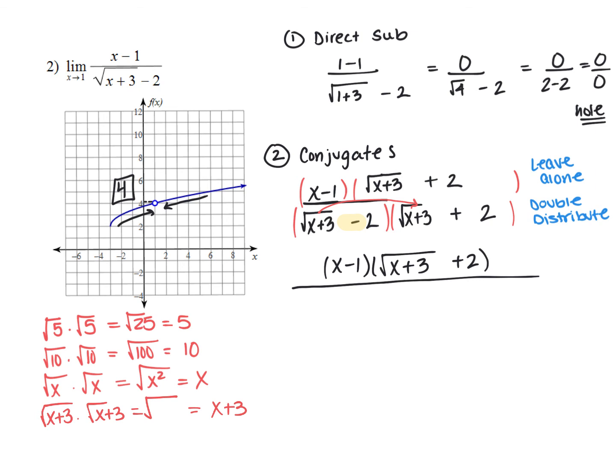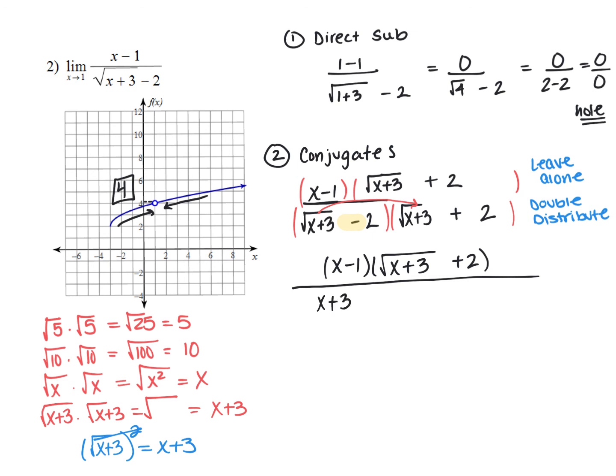So a radical times itself is the same thing as squaring it, x plus 3 squared. Remember, when you square a radical, the square and the square root cancel each other out, and you're left with that x plus 3. So when I do that first piece over here, this one times this one, I get x plus 3.